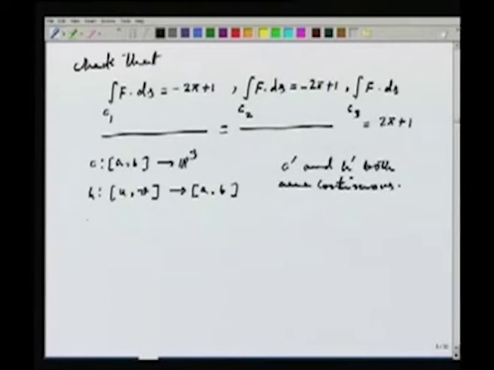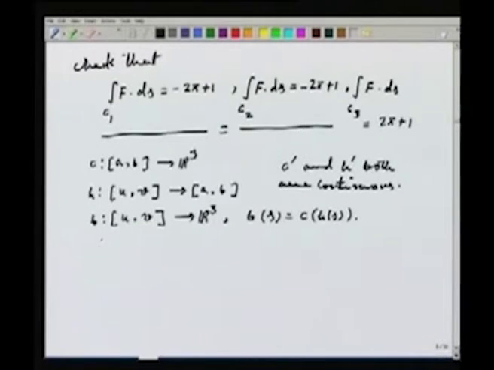Now I can form a new curve, call it B. So B is a curve defined on u, v going to R3. It is defined as B of s equals C of H of s. Then B defines a new curve.